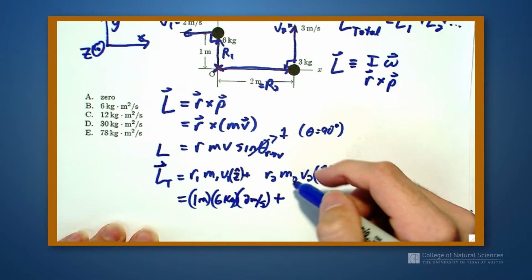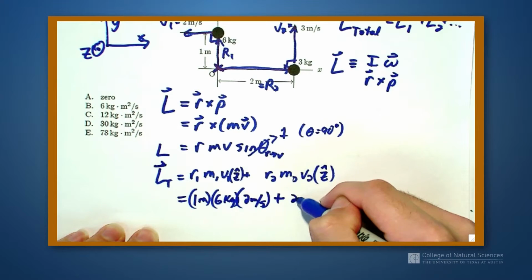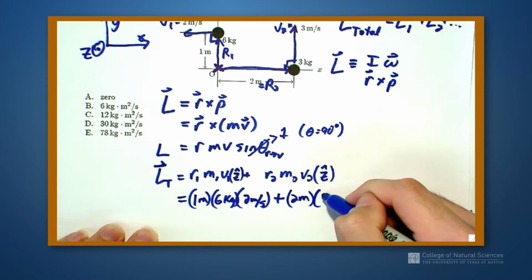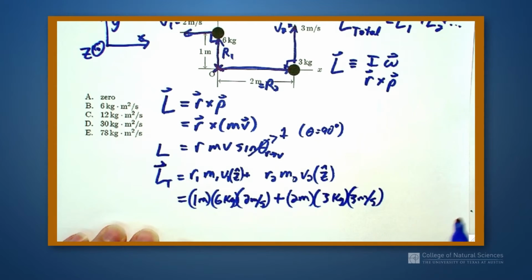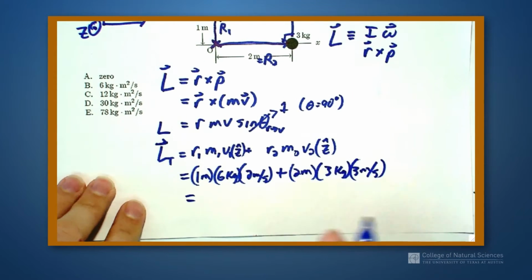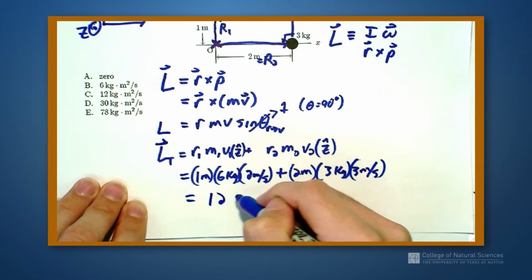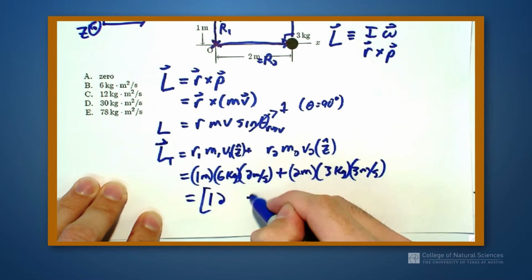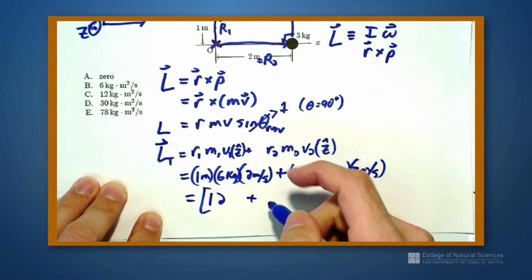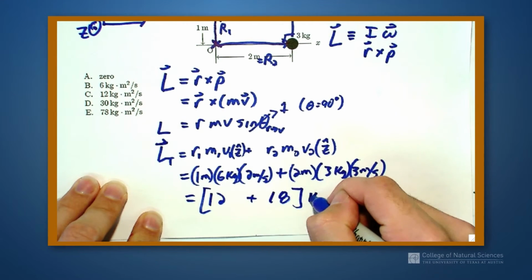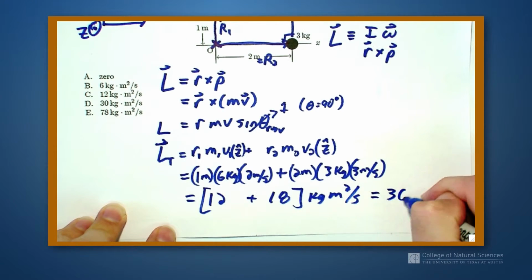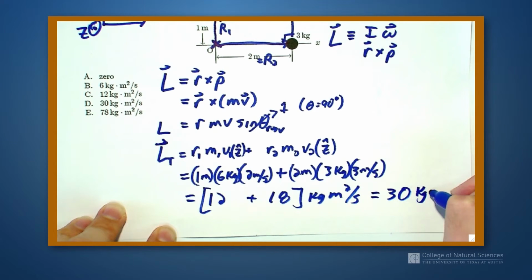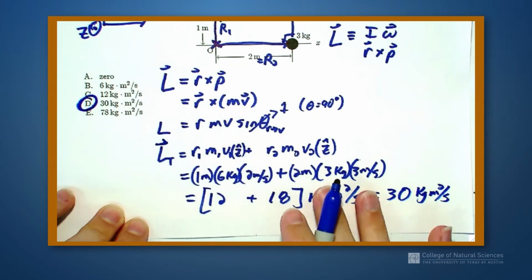And I'm going to add to that 2 meters times 3 kilograms times 3 meters per second, which gives me a total of 12 plus 2 times 3 times 3, this is 18 kilogram meters squared per second, which is the same as 30 kilogram meters squared per second. So I look at choice D as my correct answer.